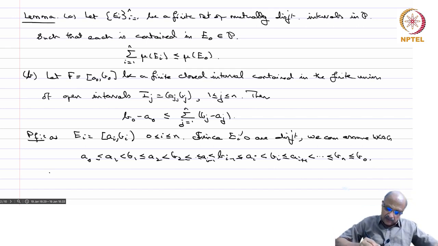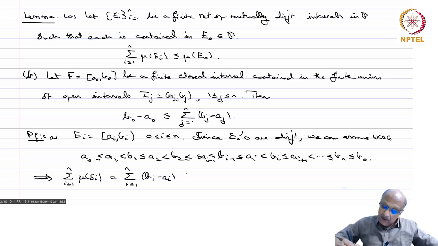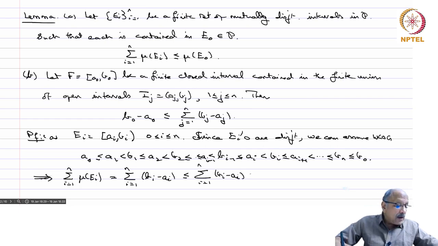Okay, so this implies that the sum of mu of E_i, i equals 1 to n, is nothing but the sum over i equals 1 to n of b_i minus a_i, and then you add all the missing portions. So this is less than or equal to the sum over i equals 1 to n of b_i minus a_i plus the sum over i equals 1 to n minus 1 of a_{i+1} minus b_i.